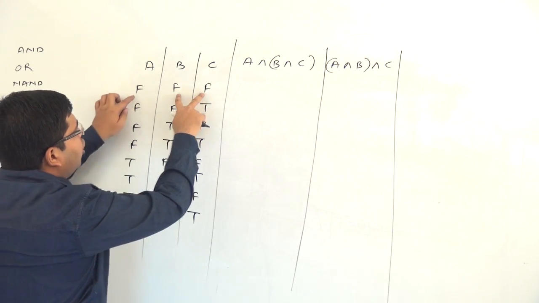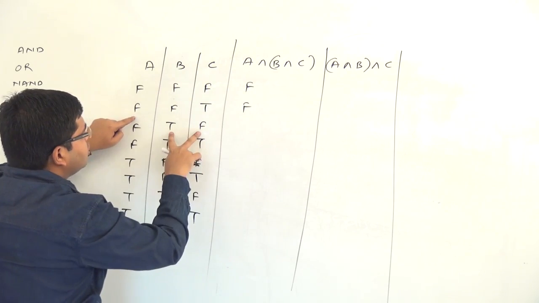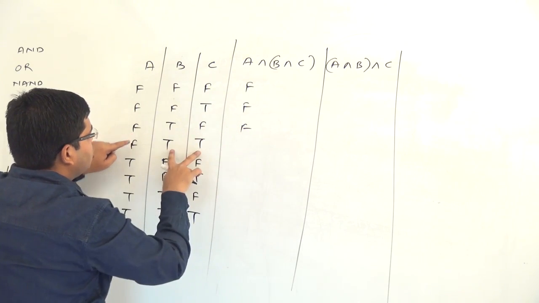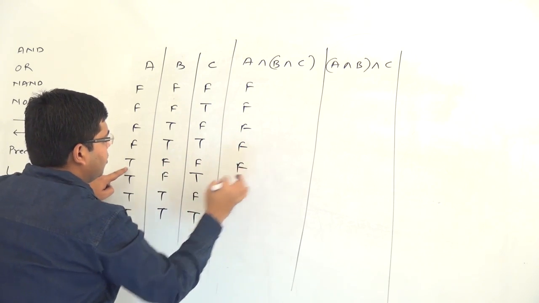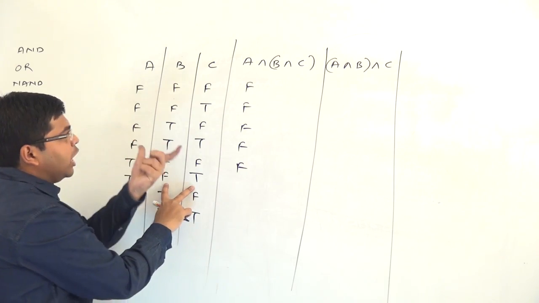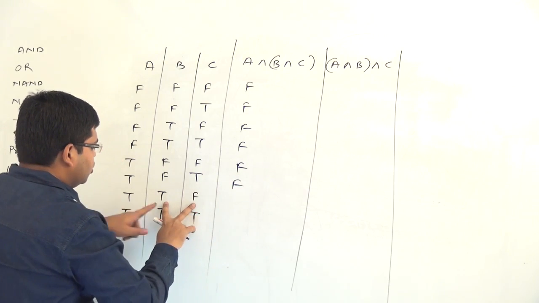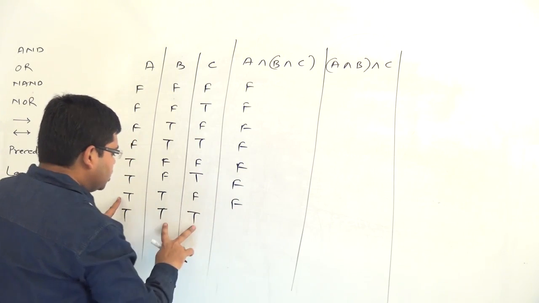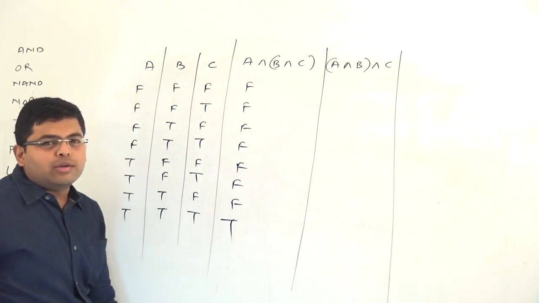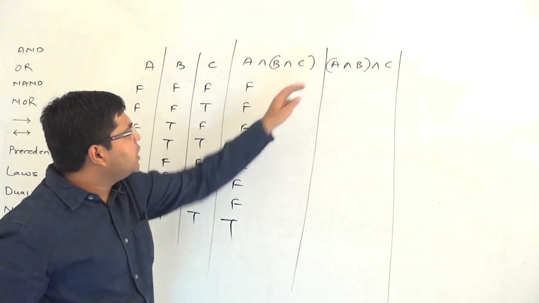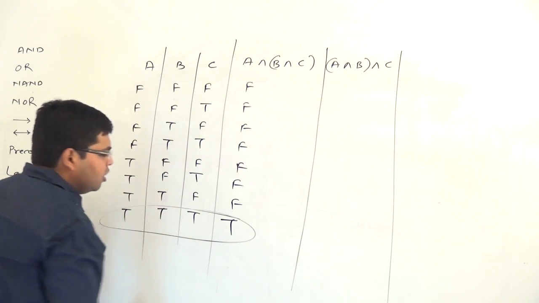So BC will be false, false and false will be false, false, false, false, false, false, false, true, false will be false, false, true will be false, false. First I am ANDing BC, false, true will be false, false, true will be false, and true, true will be true. As you can see, whenever you are ANDing 3 operands, the result is true only when all of them are true.